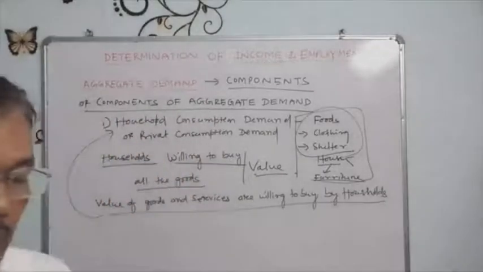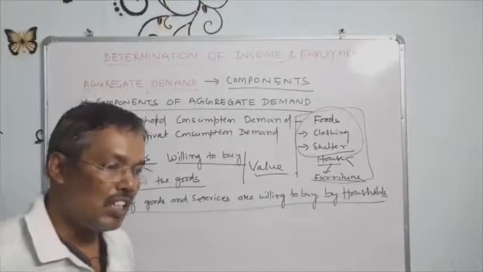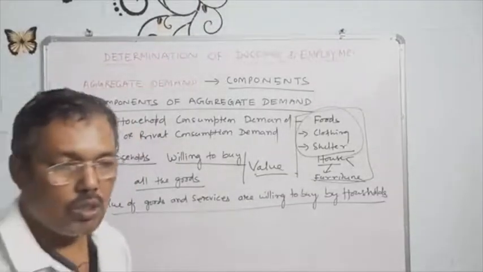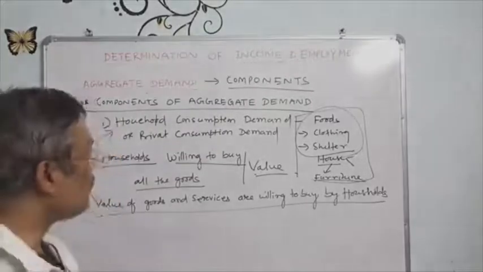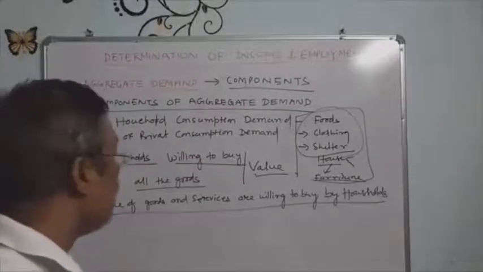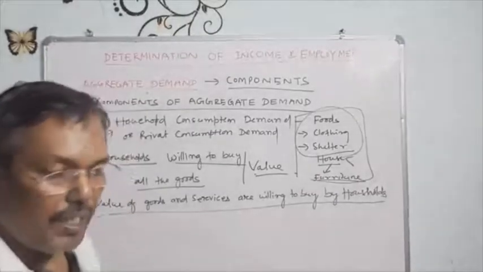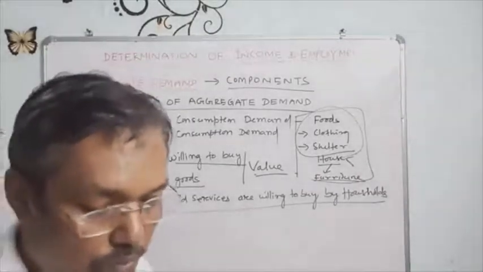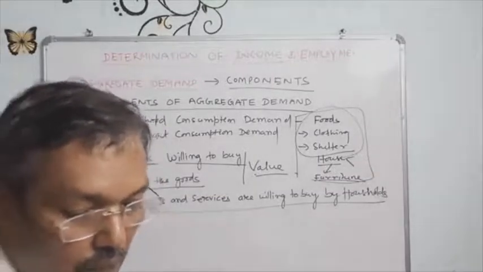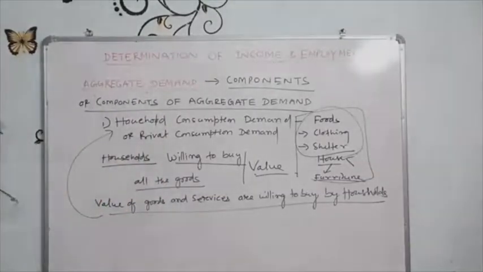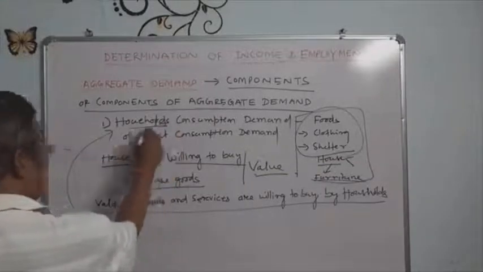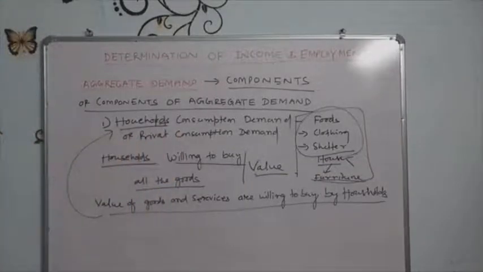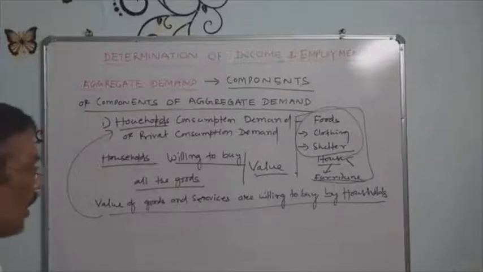It means the total expenditure incurred by households to purchase goods and services is known as household consumption demand or private consumption demand. Again I repeat, what is household consumption demand? The total expenditure incurred by all the households who are willing to buy.